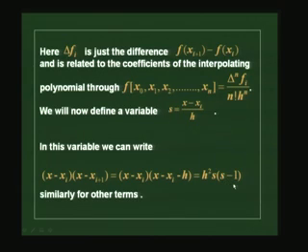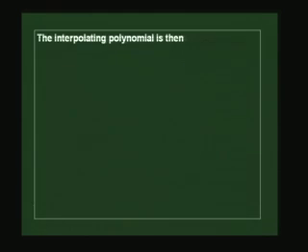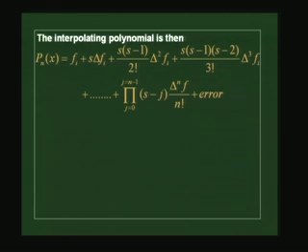The advantage is that when you put it in this coefficient and multiply it by this coefficient, these terms get cancelled and we will only have an n factorial in the denominator. So the interpolating polynomial will now simply have this particular form.